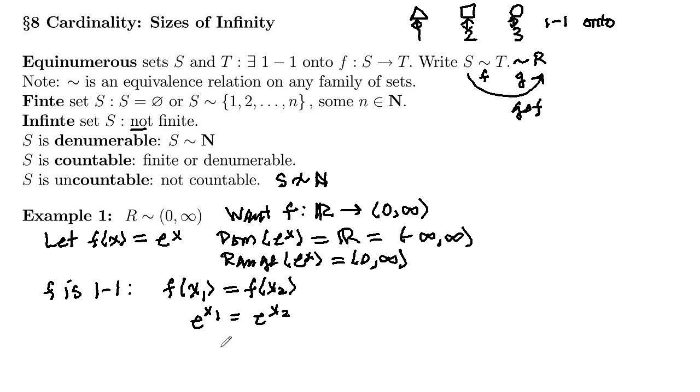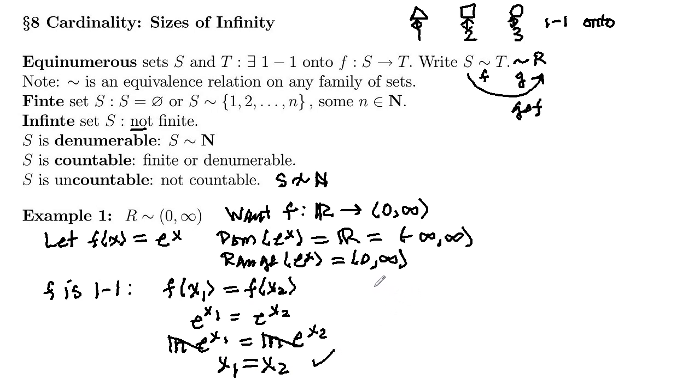And then we can just take logs of both sides. So natural log of e to the x1 then has to equal the natural log of e to the x2. And then by cancellation laws, we get that x1 equals x2. Well, that's what it means to be 1 to 1. You start with f of x1 equals f of x2, and it had to be the case that x1 equals x2. So that part checks out.